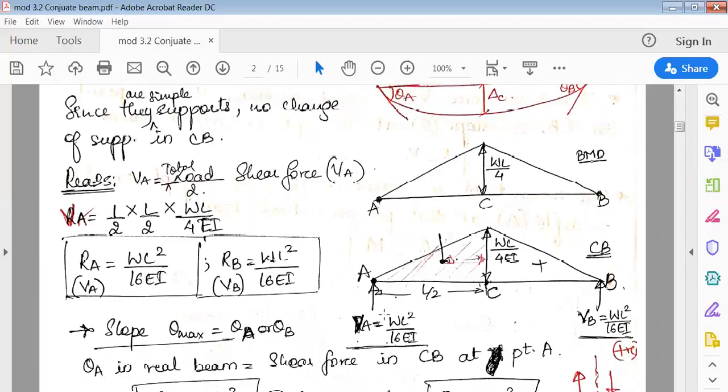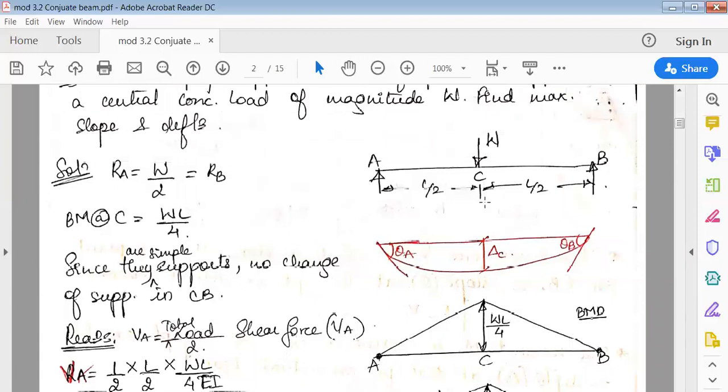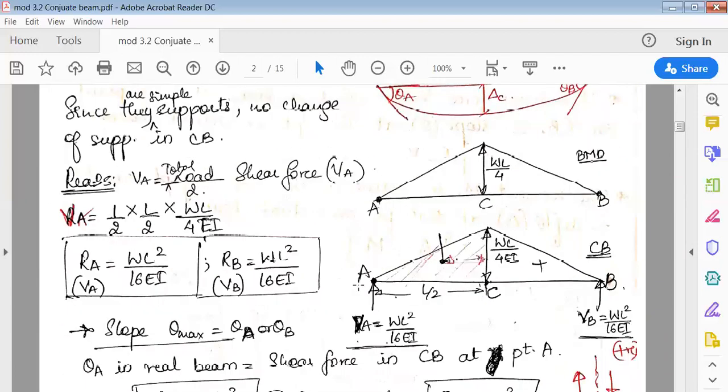Now you can check this out. Shear force at this point. Now this is the bending moment diagram. All right. So the total load of this bending moment diagram is acting downward. You can see here, the load itself is acting downward. So obviously this complete load of this triangle is acting downward.